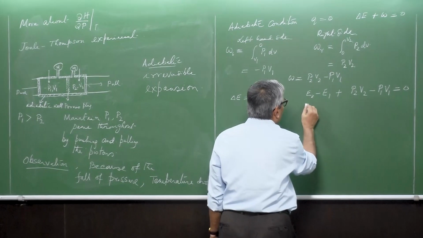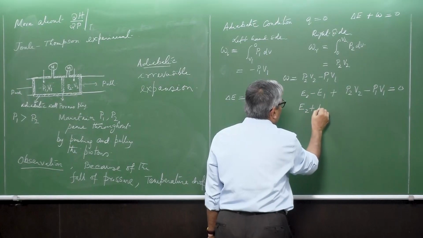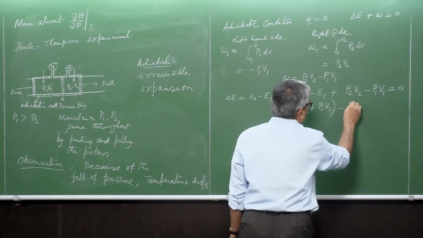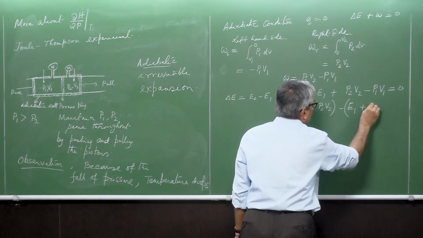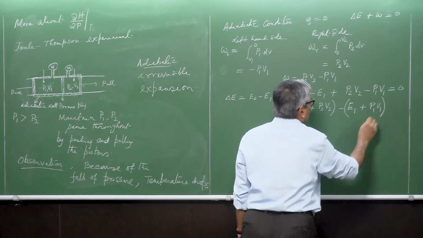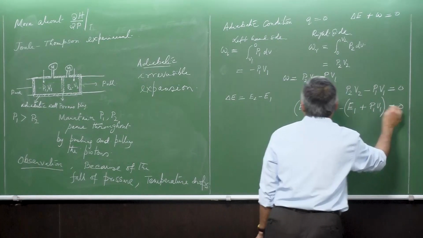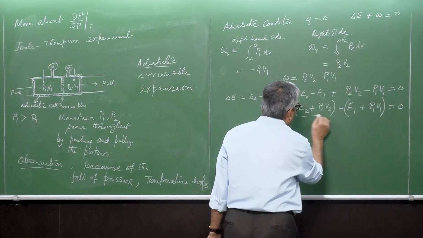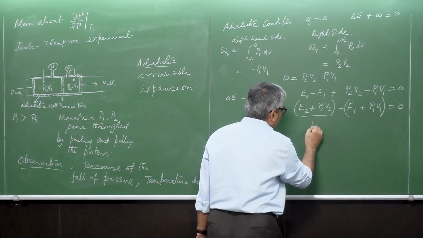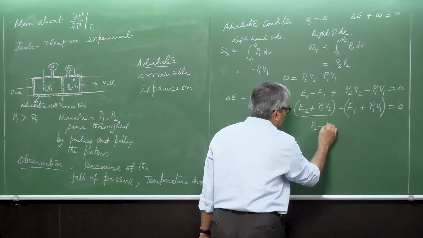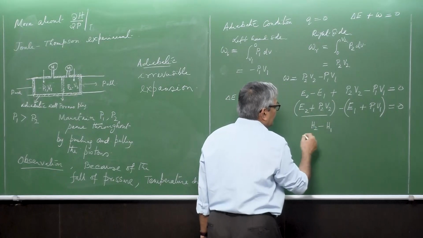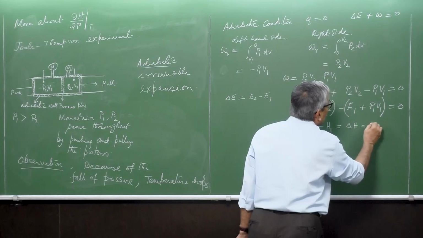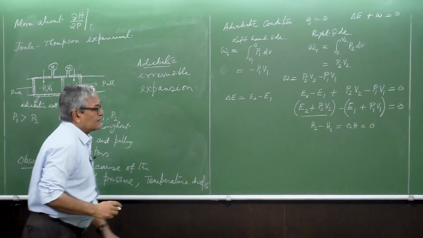So it means you have E2 plus P2 V2 minus E1 plus P1 V1 equal to 0. So this gives me my enthalpy. So it is H2 minus H1, that gives me the change in enthalpy delta H, and that is equal to 0. That's an interesting thing.